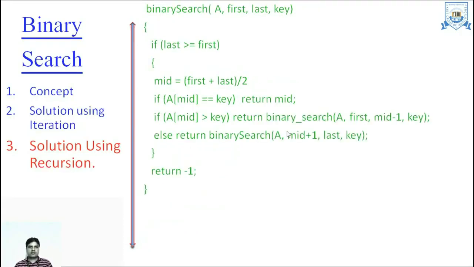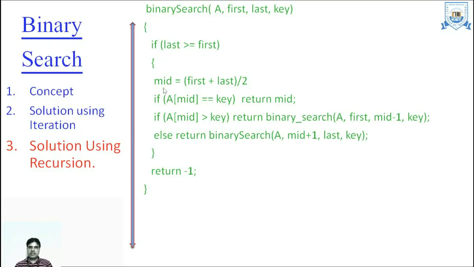Recursive solution means we need to call this function from its body either directly or indirectly, but in this case direct recursion we are implementing. Array name is being passed to the function, first index, last index, and the element that we want to search is being passed. 4 parameters in this function. Again last should be greater than or equal to first, an obvious condition that should be checked before the other procedure.